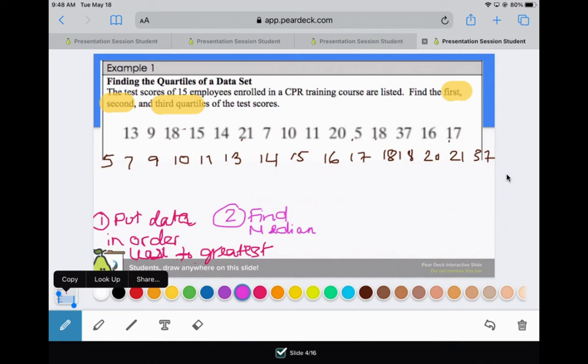So step two, we find the median. Anyone remember? To find the median, I just organized the data. What number is the median?